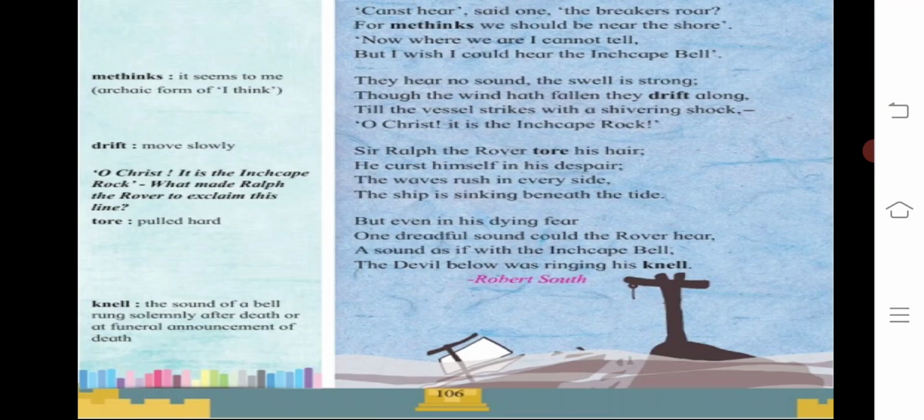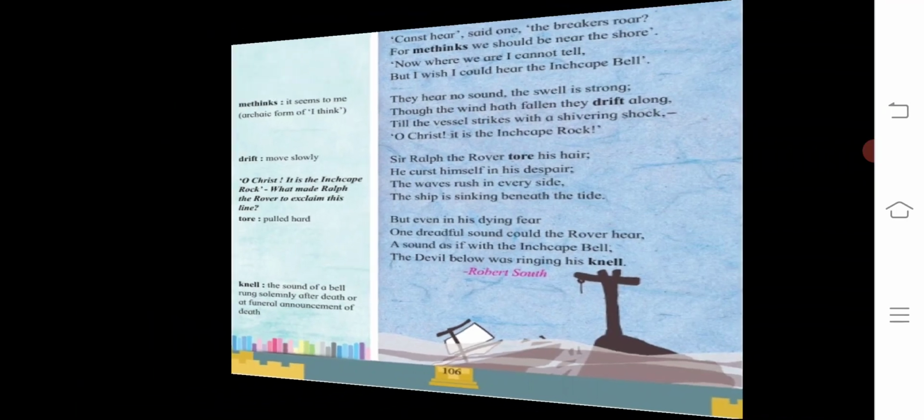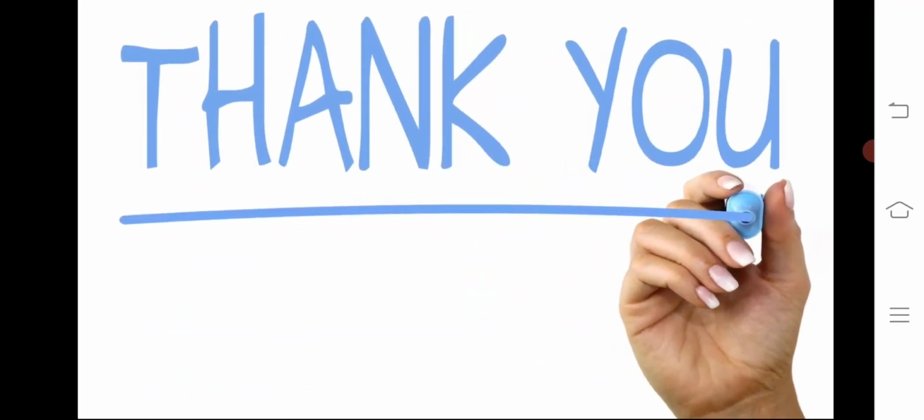I hope you understand this whole poem, students. So in that way, we have completed this poem successfully. So students, try to understand the meaning of this poem, as it is a ballad, as it is a story. Enjoy it well, and face the examination in a very confident way.